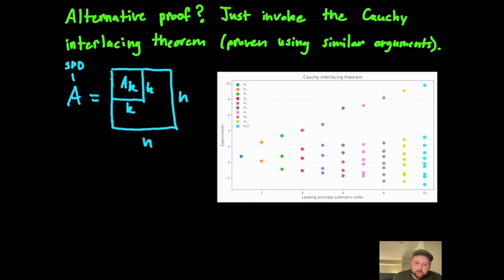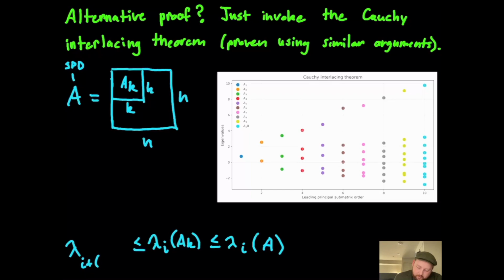So what Cauchy's interlacing theorem says is that if I look at the ith eigenvalue of AK, this eigenvalue has to be upper bounded by the ith eigenvalue of A, the whole matrix encompassing AK, but also it has to be bounded below by another eigenvalue of A, the lambda i plus n minus k eigenvalue of A. And this is valid for i equals 1 all the way to k, because AK is a k by k matrix and has k eigenvalues. So that's the Cauchy interlacing theorem.